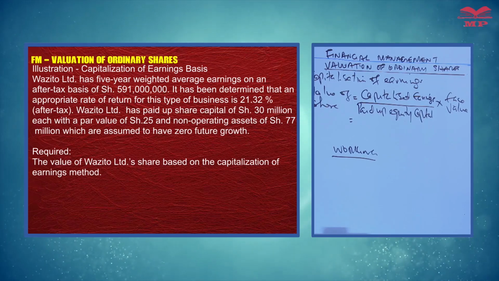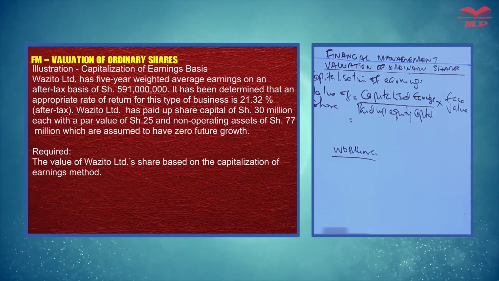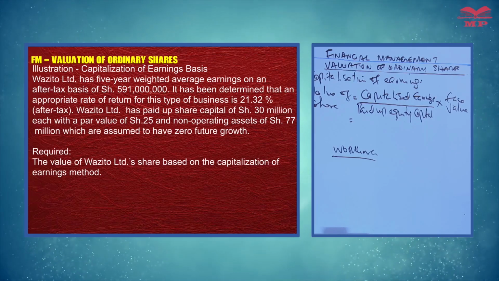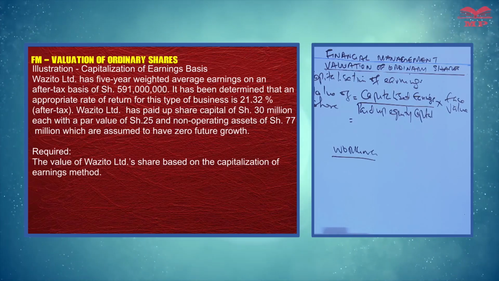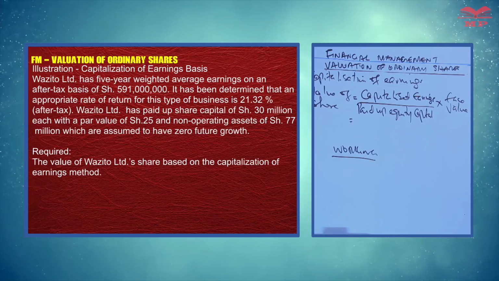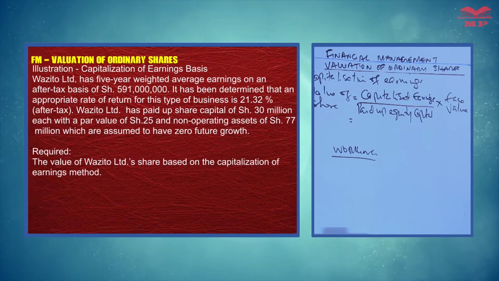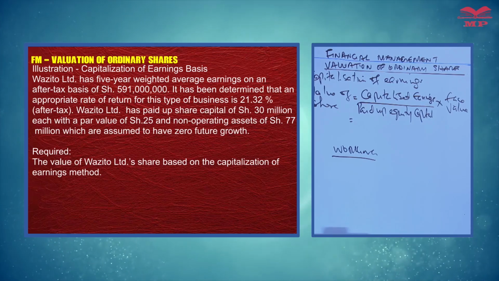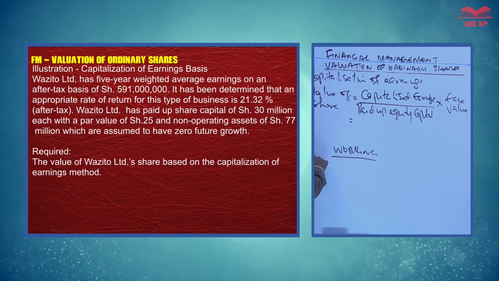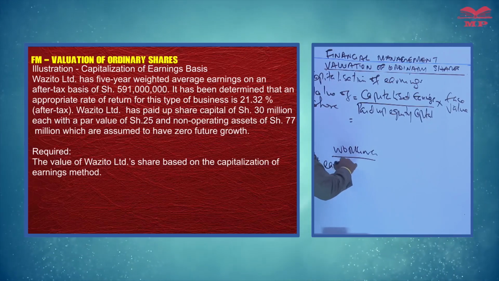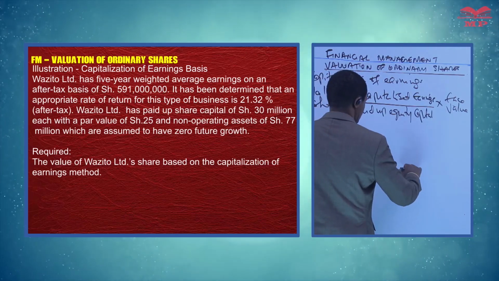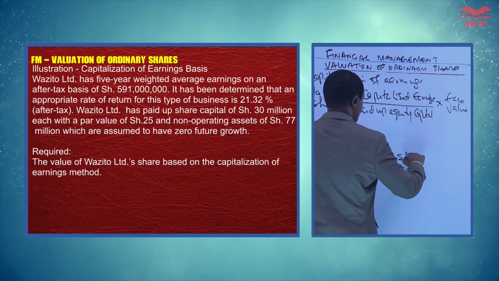Wazito has 5-year weighted average earnings on an after-tax basis of 591 million. So those are net earnings which we will capitalize. The net earnings are 591 million.